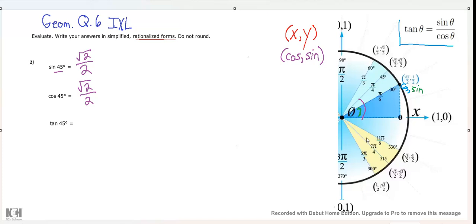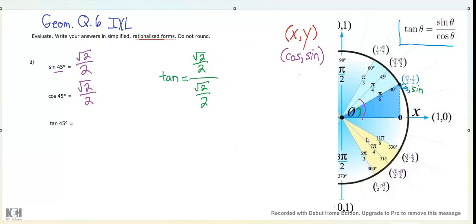Now, for the trickier part, we need to figure out the tangent of the 45-degree angle, and that's going to be the sine, which we said is the square root of 2 over 2, over the cosine, which is also the square root of 2 over 2. This looks really crazy, but here we've got the exact same thing on the top as we do on the bottom.